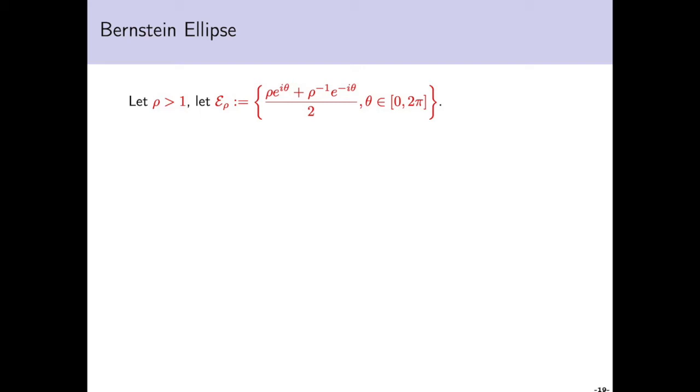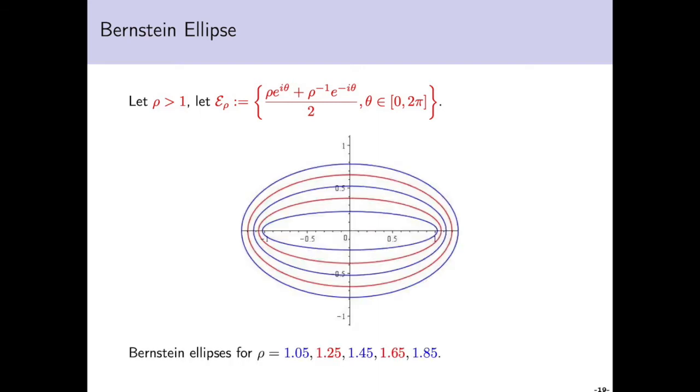You are given a real number rho larger than 1, and E sub rho is defined this way. Let's have a look at various values of rho. Of course, as rho tends to 1, the Bernstein ellipse tends to -1, 1.